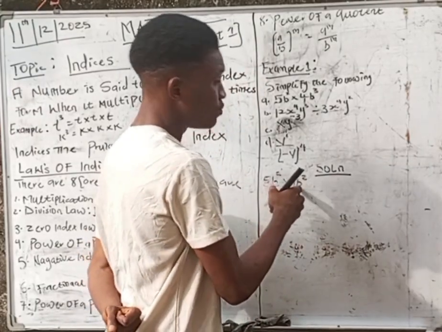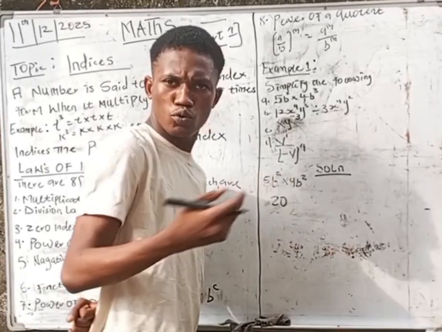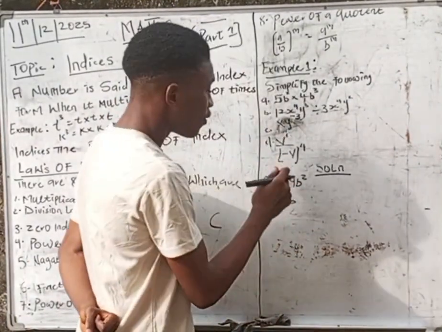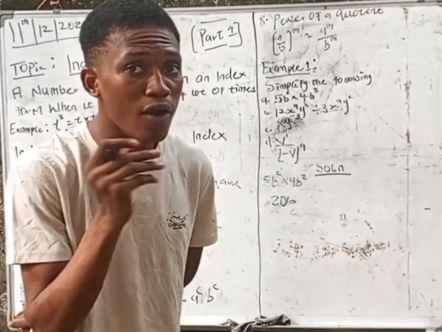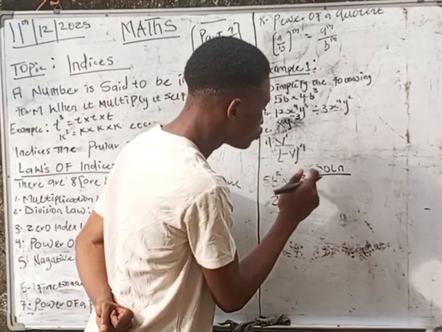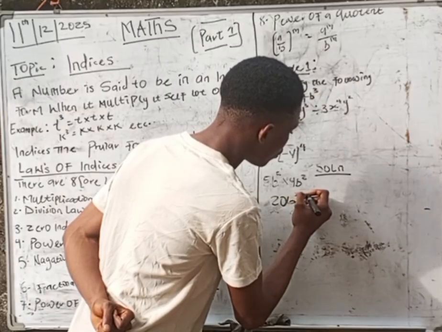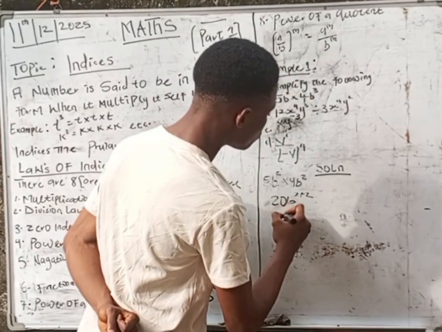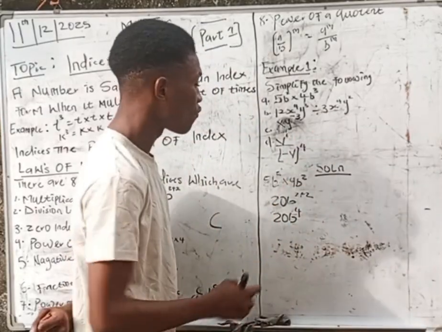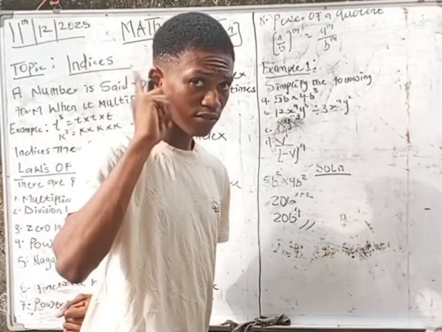This b and this b are of the same base, so we just pick one and write b. Multiplication says that we add the power of the same base. So adding the powers, 2 plus 2 is 4. So we have 20b raised to the power of 4. That is the answer for the first one.